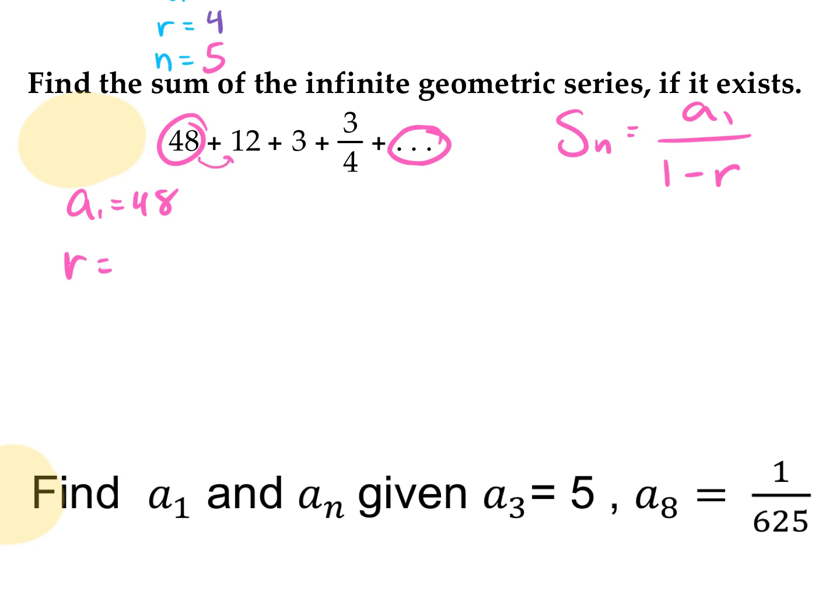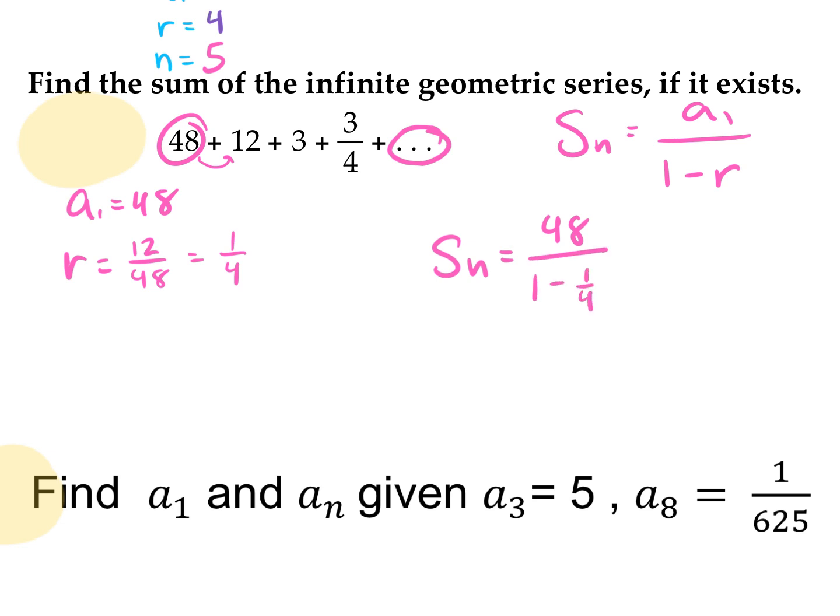We would just do the second term over the first term, which simplifies to 1/4. So we're multiplying by 1/4. So r would be 1/4. So yes, we're dividing by 4, but our formula is for what we're multiplying, so that would be 1/4. So let's plug it in. S sub n is equal to 48 over 1 minus 1/4.